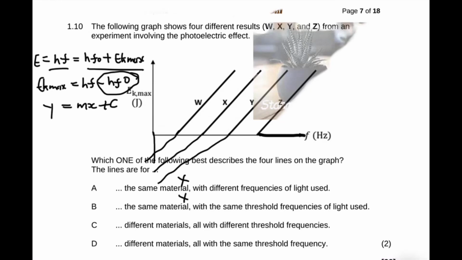C and D are the only possible candidates, because it says different materials, all with different threshold frequencies. This is true. If the materials are different, they are most likely to have different threshold frequencies. But as you can see here, the y-intercept of W, X, Y, Z is not the same, so they have different frequencies, and they are different materials.